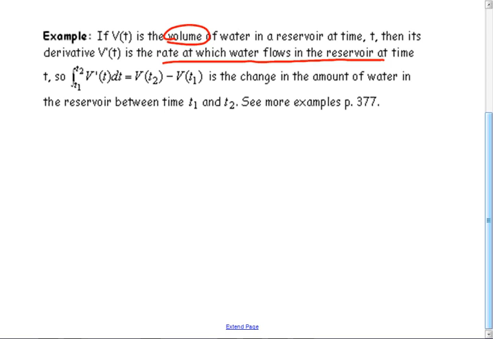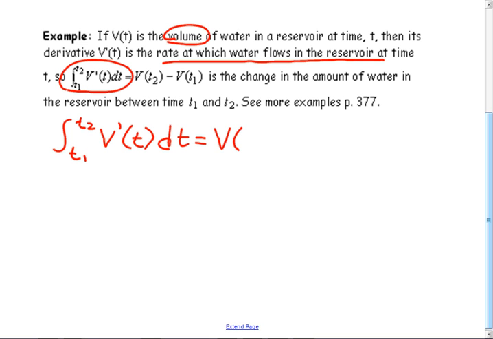Now, guys, what does this mean? This means the integral from T1 to T2 of V prime of T dt is equal to V of T2 minus V of T1. What does that mean? It's the total change in the volume. A little more.